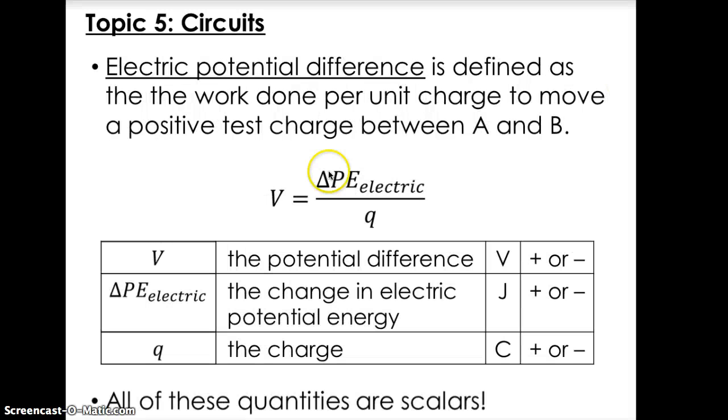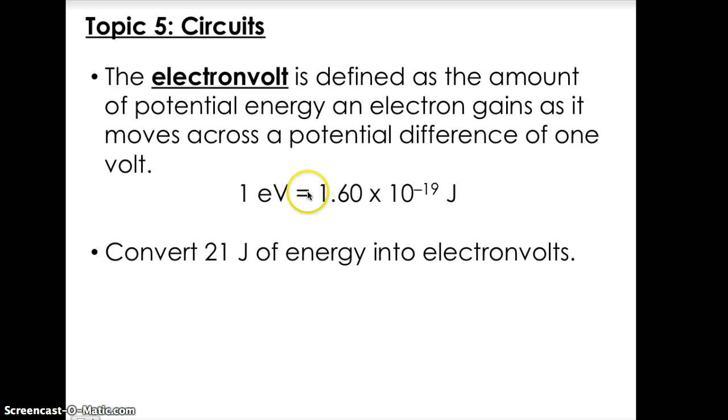So if you look back at this equation, plug in the charge of an electron, and we're going to move it across 1 volt of potential difference. So plug in 1.6 times 10 to the negative 19 coulombs. And then over here for V, plug in 1 volt. And if you calculate the amount of energy that the electron gains, it comes to this value, 1.6 times 10 to the negative 19 joules.